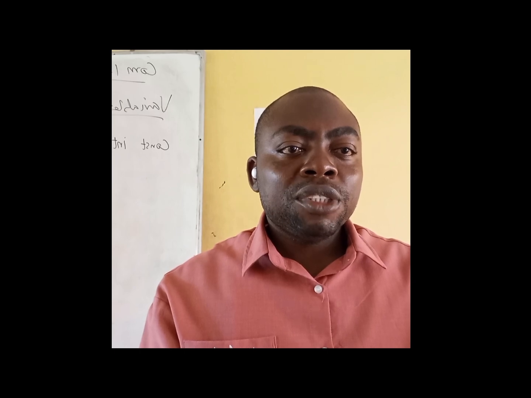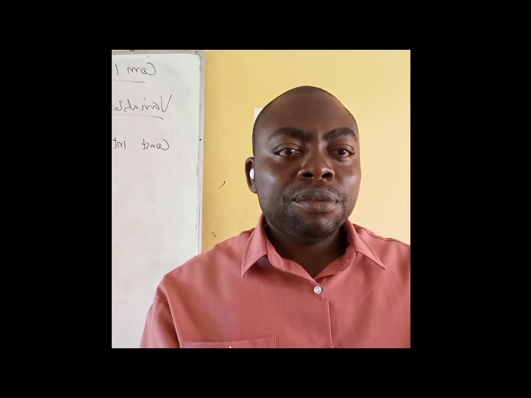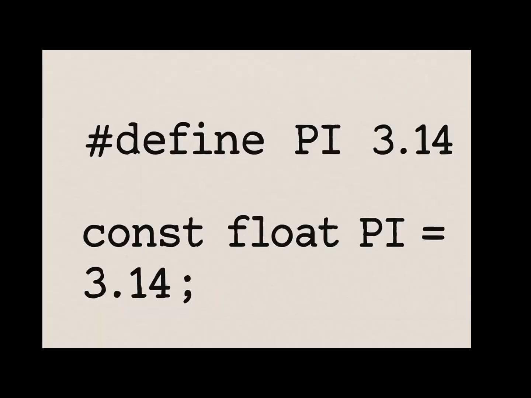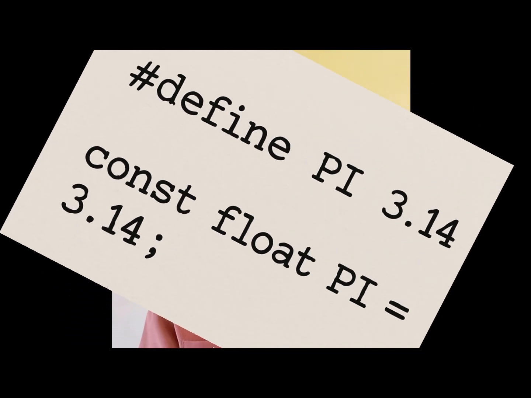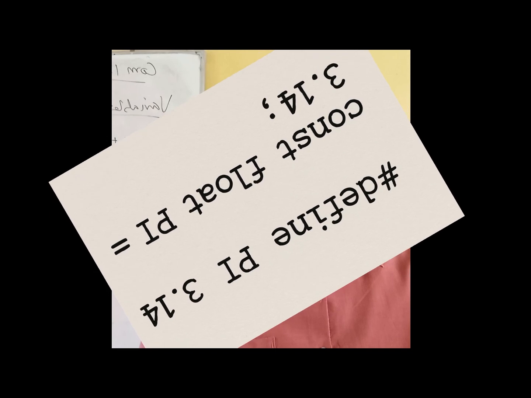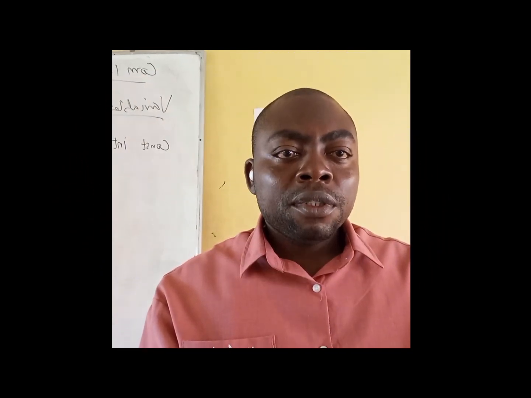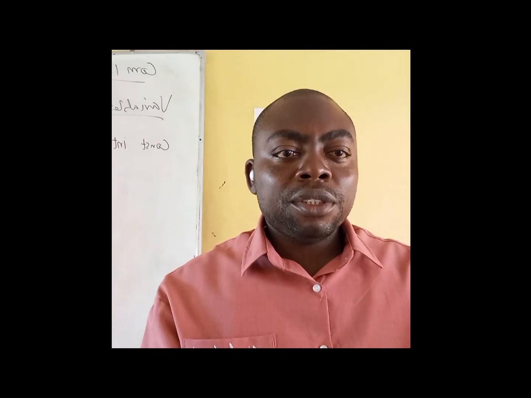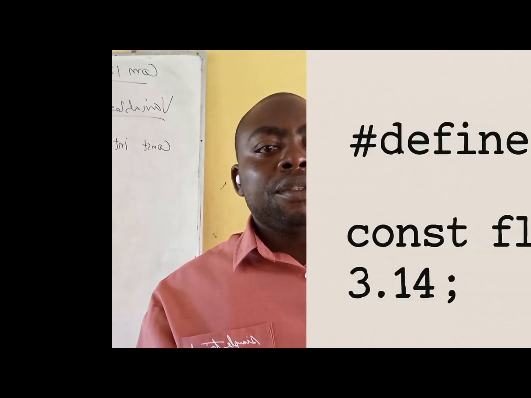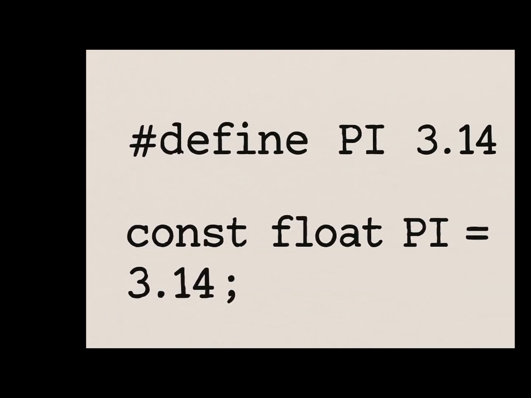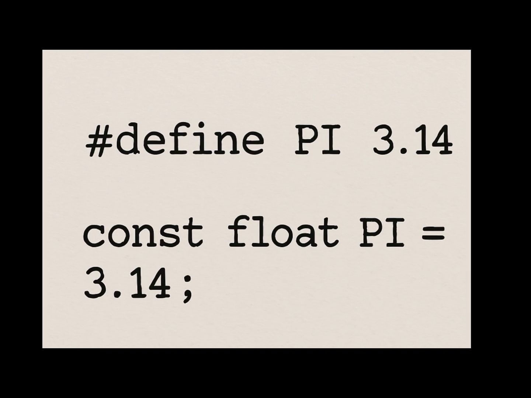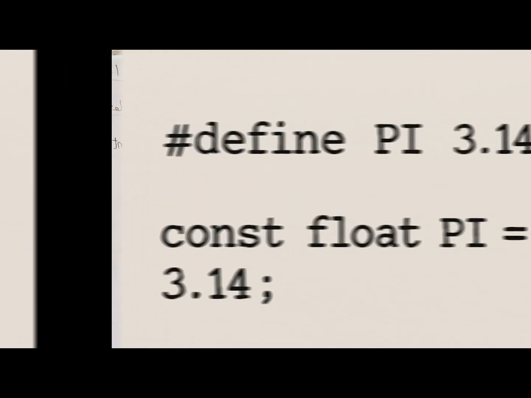For example, we have #define pi 3.14. Then we can use the const keyword, and if it is the const keyword, we say const float pi equals 3.14.